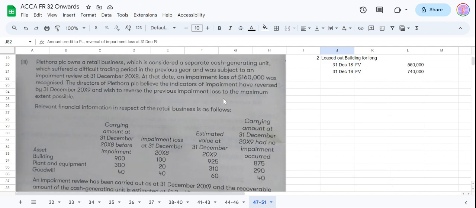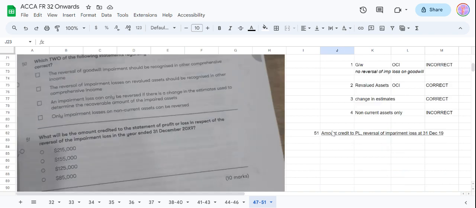The third pointer says PP owns a retail business which is considered a separate cash generating unit, which suffered a difficult trading period in the previous year and was subject to an impairment review at 31st December 18. The question is asking about the amount credited to P&L for reversal of impairment loss at 31st December 19.